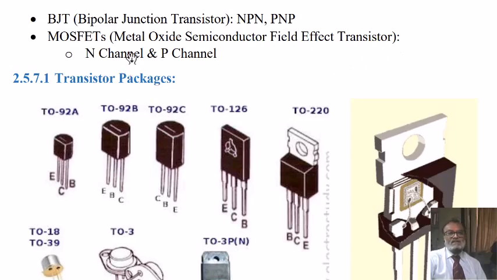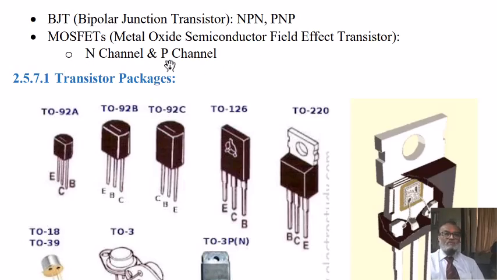Its construction uses the interface between gate and substrate, which is formed of metal oxide and semiconductor, and that's why the name metal oxide semiconductor field effect transistor. We will see the details of the MOSFET while studying transistors in the next sessions.